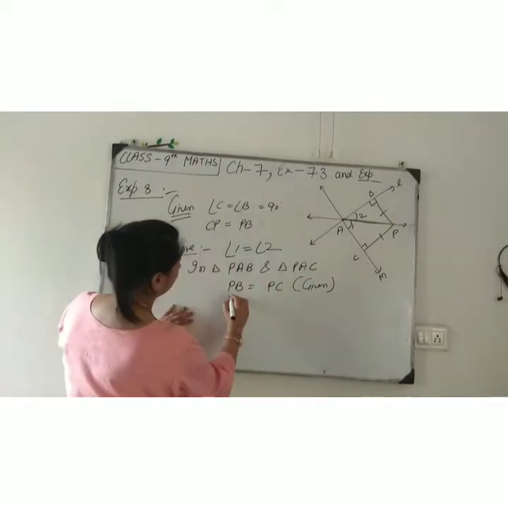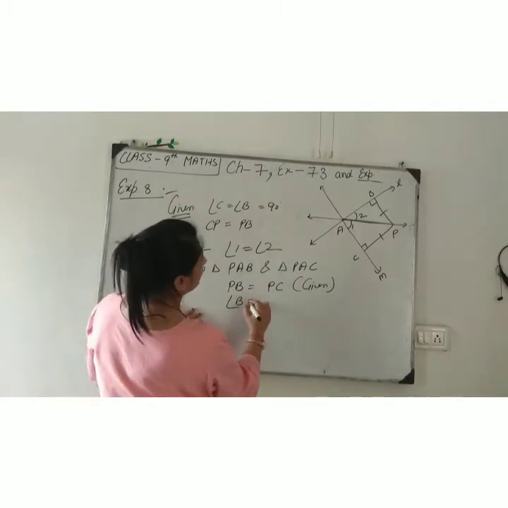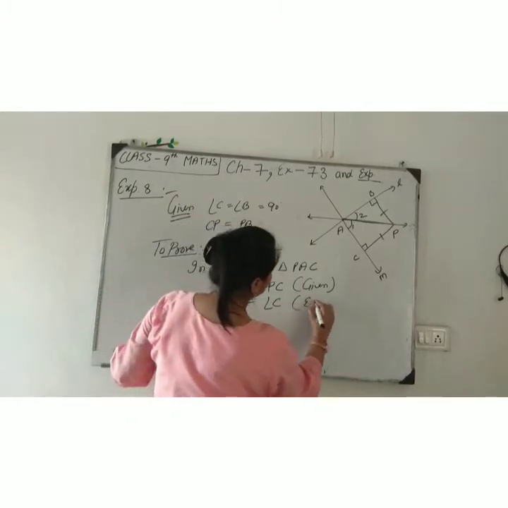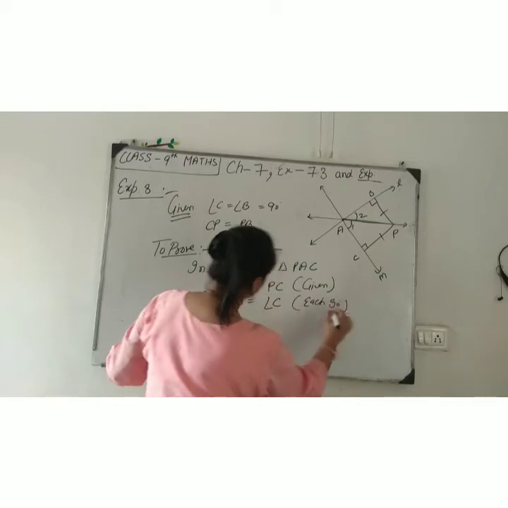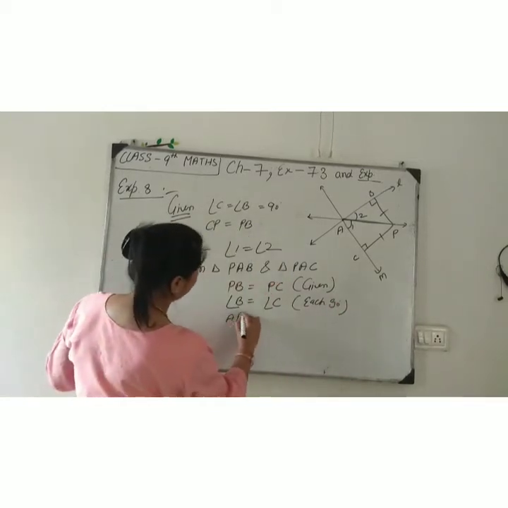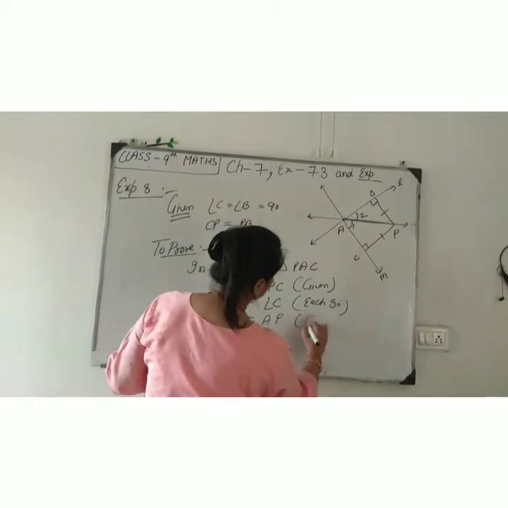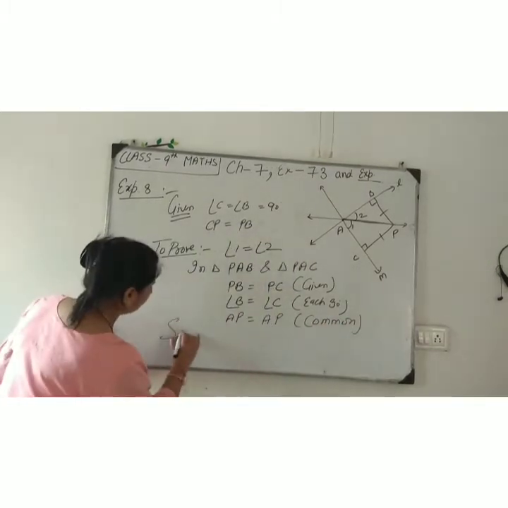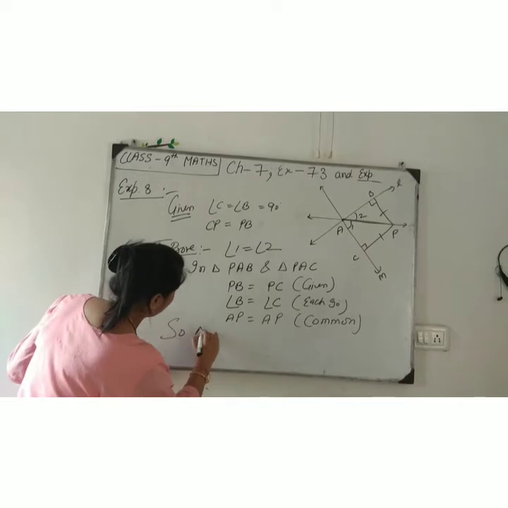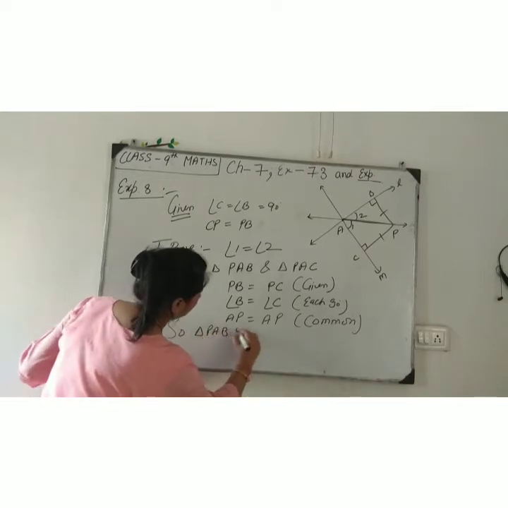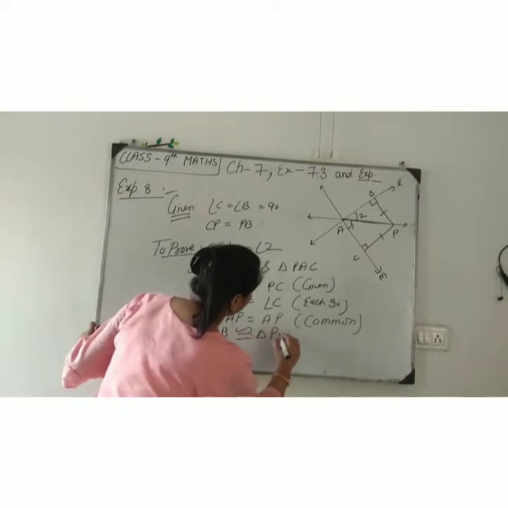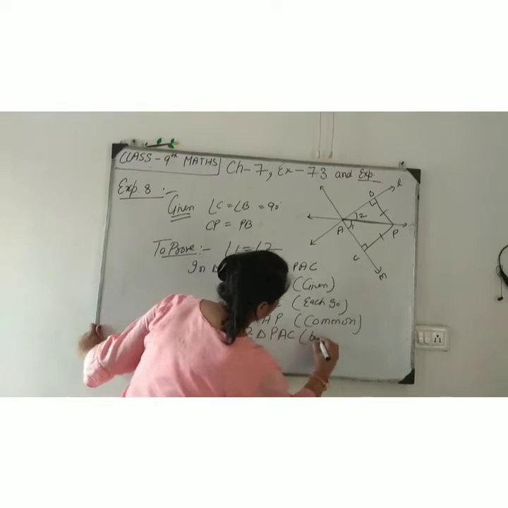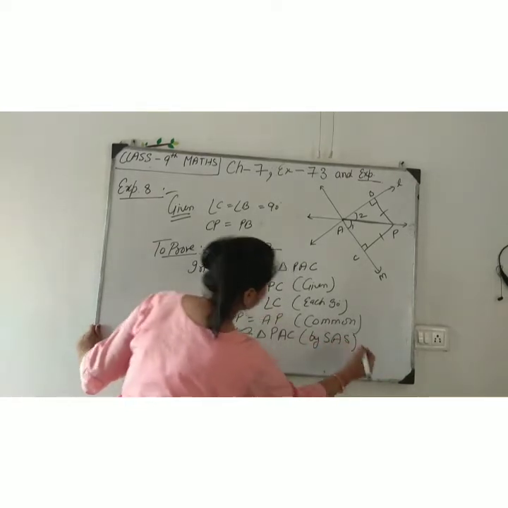Now you can write angle B equal to angle C, reason: each 90. Before writing this, you write down this one first. Okay. After that, AP equal to AP, reason: common. So hence, triangle PAB is congruent to triangle PAC by side angle side.